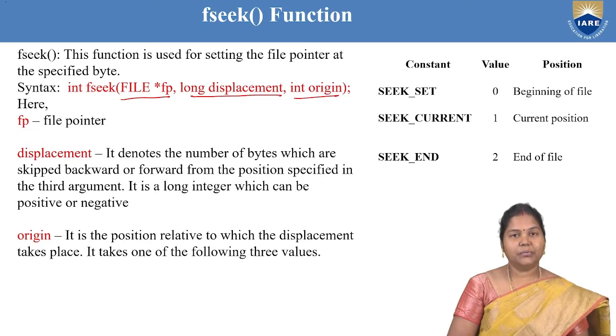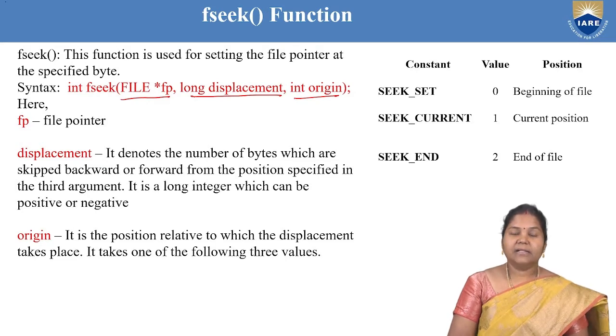Displacement denotes the number of bytes you want to skip, either backward or forward, from the specified position or from the current location.